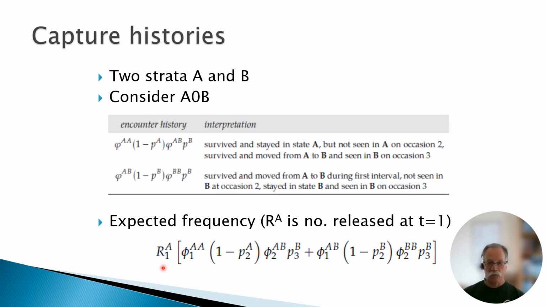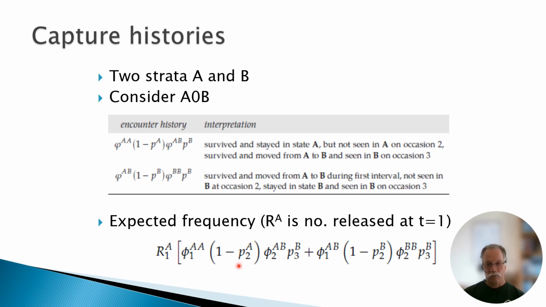So assume we released, say, 100 animals at time 1 at site A, then the expected frequency of this capture history AOB would be the number released times the probabilities associated with each of these parameters. So VAA times 1 minus P2 sub A, or superscript A.